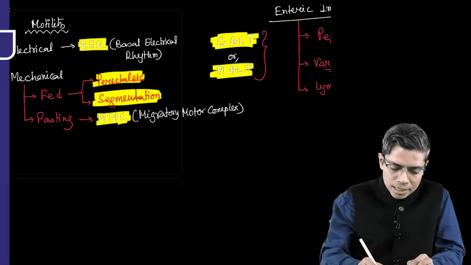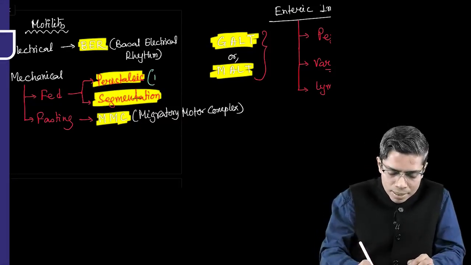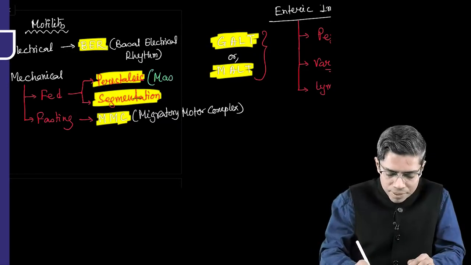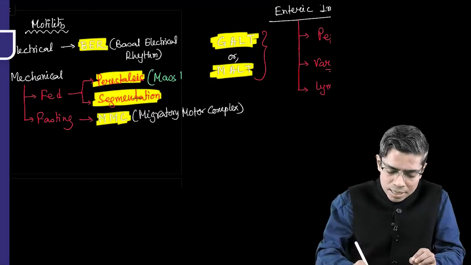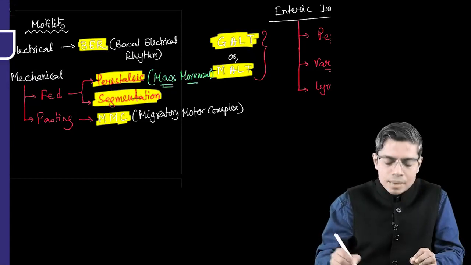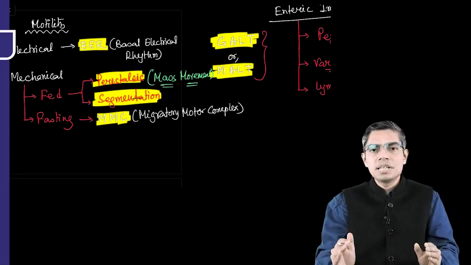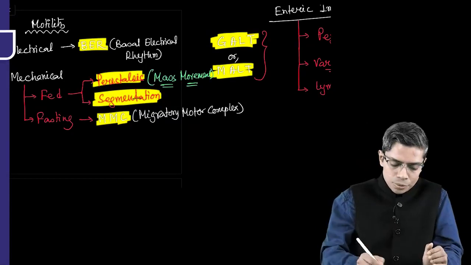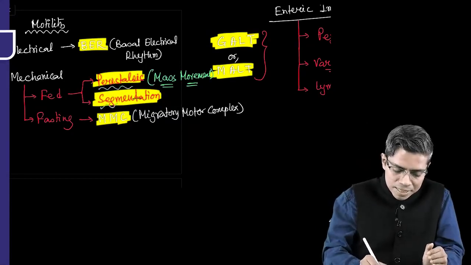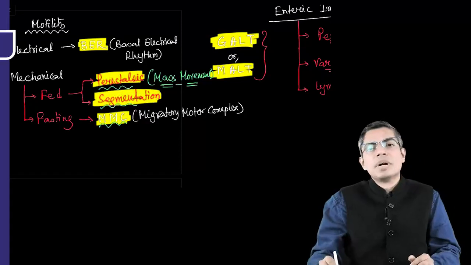Apart from that, there is a special type of peristalsis at the level of the large gut, which is known as mass movement. We are also going to discuss a little bit about this mass movement, which is only seen at the level of the colon or large gut, right? So peristalsis, segmentation, MMC and mass movement.